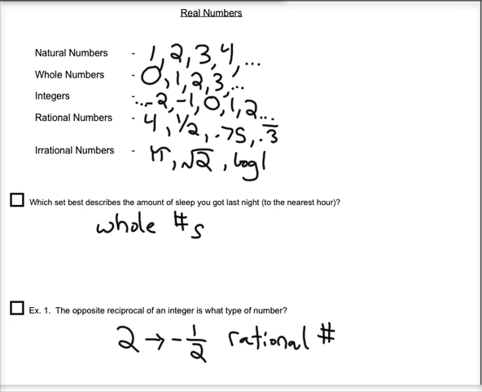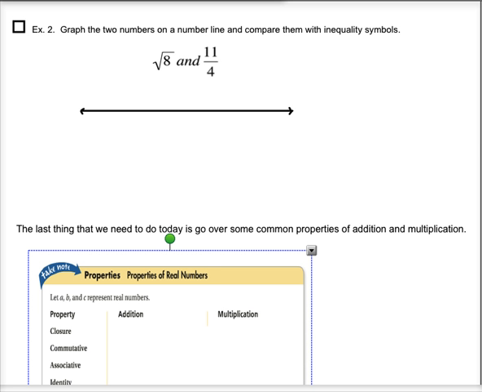So, page 2. So our next example, graph the two numbers on a number line and compare them with inequality symbols. Now, in order to graph those, these are not nice numbers, if you've noticed. So, what I'm going to have us do, the best way to recognize these numbers is turning them into a decimal form, okay?